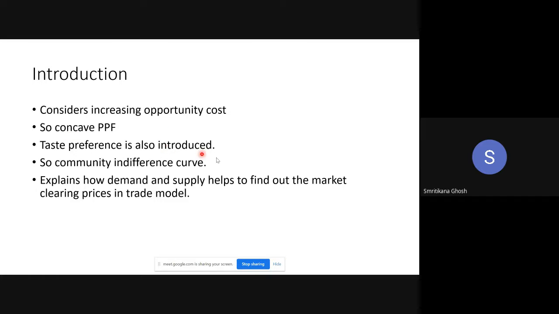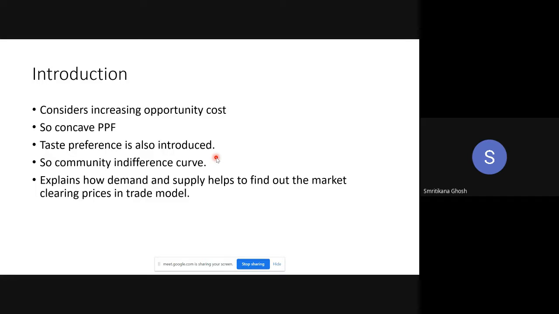The taste and preference is there. Taste and preference of the consumer is also here. And as consumers' taste and preference is considered, we have the community indifference curve. Okay, as this is the economy as a whole, it is not possible to draw an individual indifference curve.